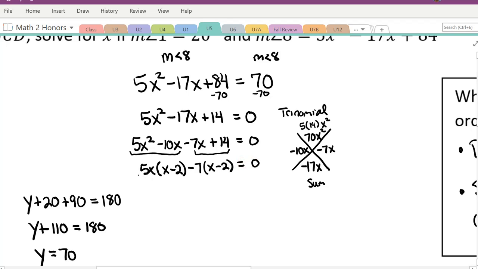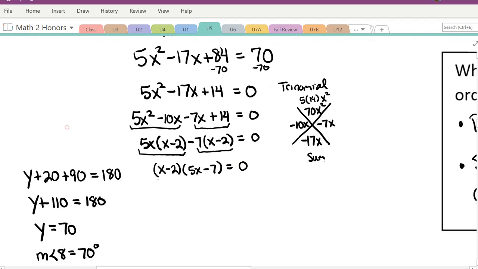Then I look at the 5x times x minus 2 is one term, and the 7 times x minus 2 is the second term, and they both have a common factor of x minus 2. I factor that x minus 2 out, and I'm left with a 5x from the first term and a 7 from the second term. And that's the way factoring a trinomial works.